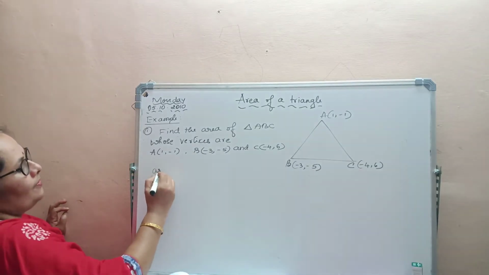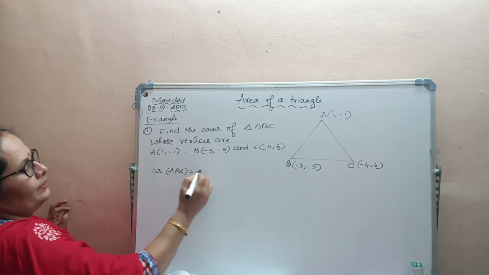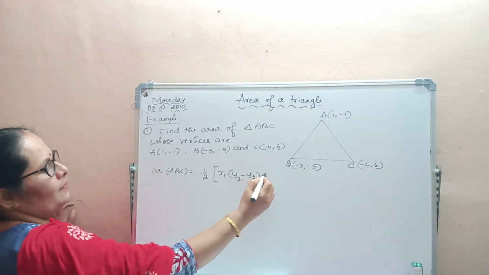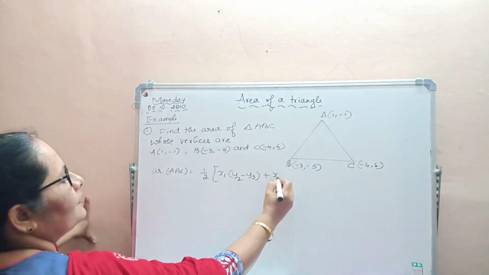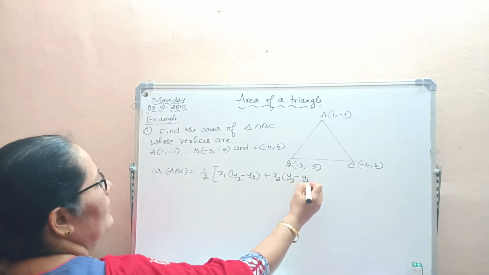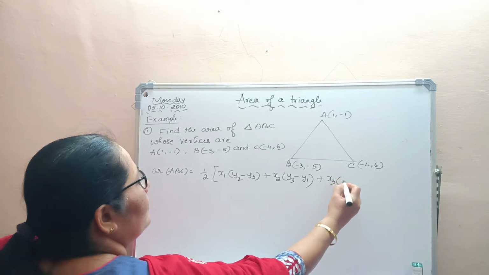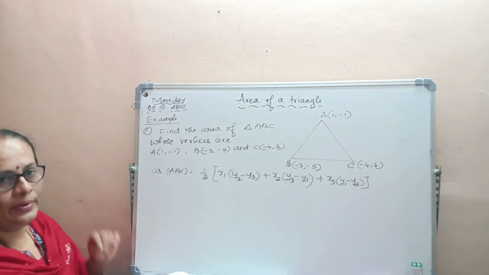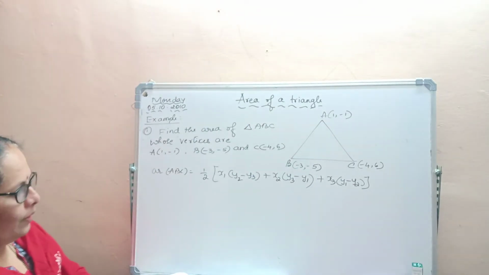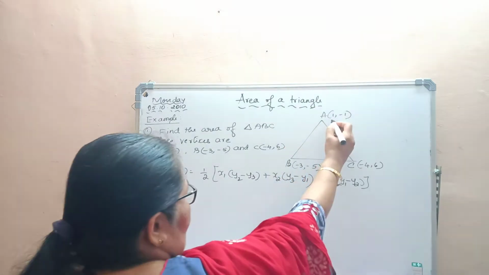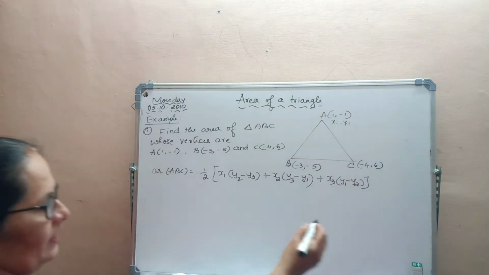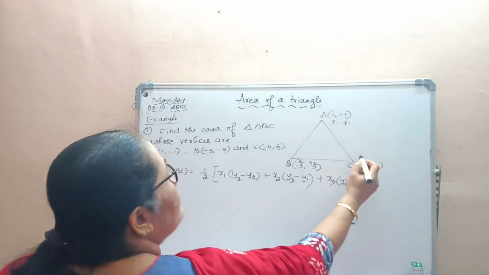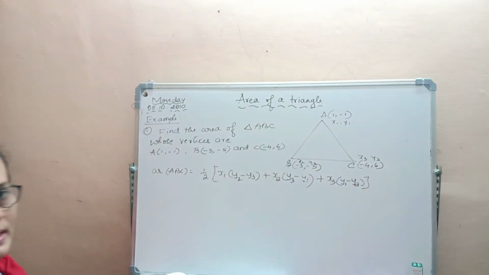So the area of triangle ABC is equal to half into x1 (y2 minus y3) plus x2 (y3 minus y1) plus x3 (y1 minus y2). Using this formula we can find the area of the triangle. Now here, take x1 y1 as 1, -1, then x2 y2 as -3, -5, and x3 y3 as -4, 6.